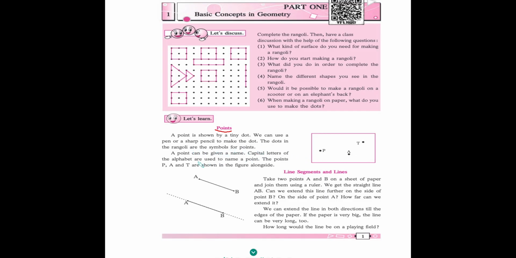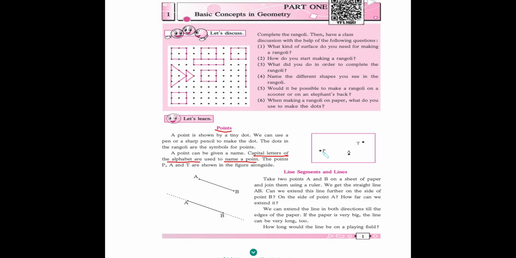So here a point can be given a name. Capital letters of the alphabet are used to name the point. So we can name the point by a capital letter, the dot P, right?